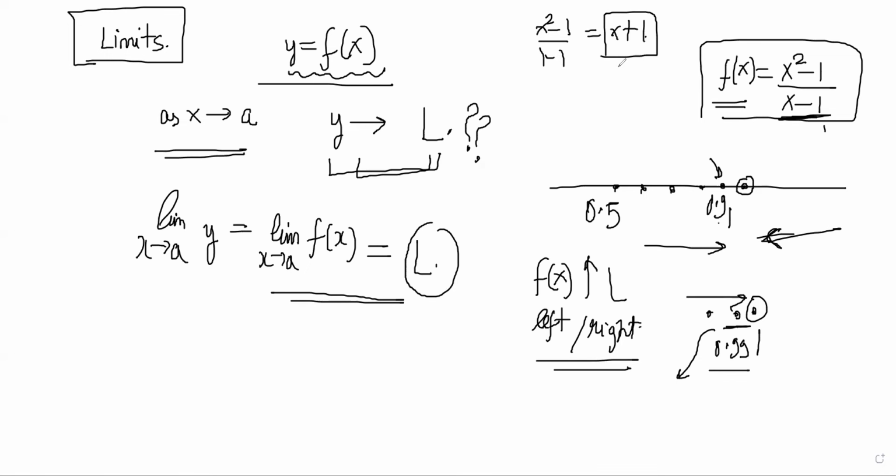And as x tends to 1, f of x will tend to 2, right? So basically, that is the limit of the function as x tends to 1, because in the neighborhood of 1, the value of the function is getting closer and closer to 2, right?